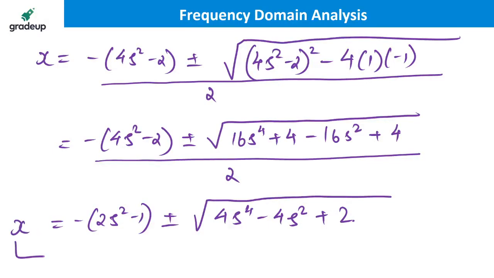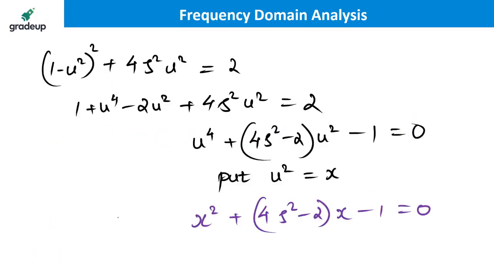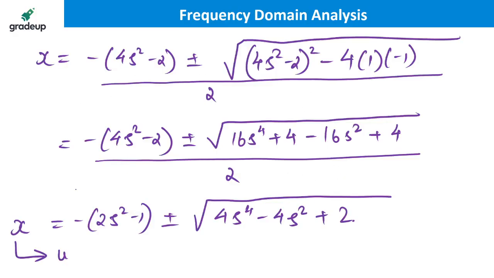That is equal to x, and for what did we substitute x? u square. So x is equal to u square. So what is the final answer taken? u square is always positive. A square is always taken as positive. So neglect the minus sign.